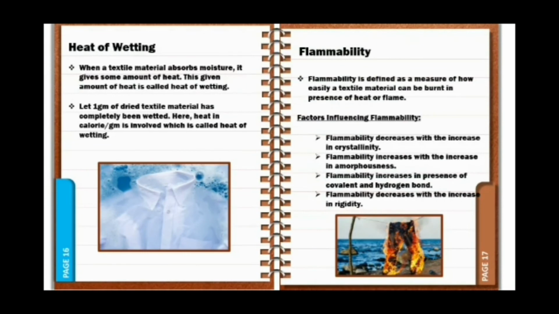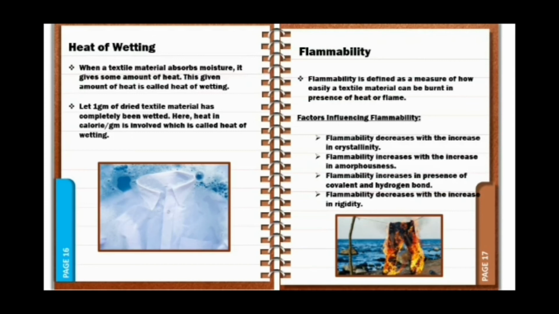Heat of wetting. The amount of heat given off by a textile fiber due to moisture absorption is called heat of wetting. In other words, when a textile material absorbs moisture, it gives off some amount of heat. This given amount of heat is called heat of wetting.